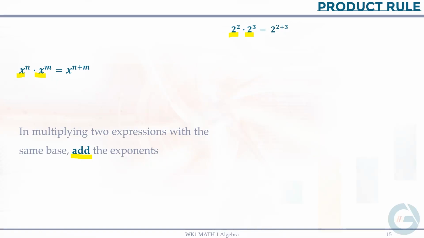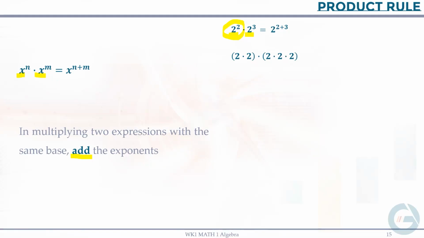So 2 plus 3. So to prove that this is true, we have first this one, 2 squared. Which means we multiply 2 two times, right? 2 squared is the same as 2 times 2. How about 2 raised to 3? So it means we multiply 2 three times, right? So 2 cubed is 2 times 2 times 2.